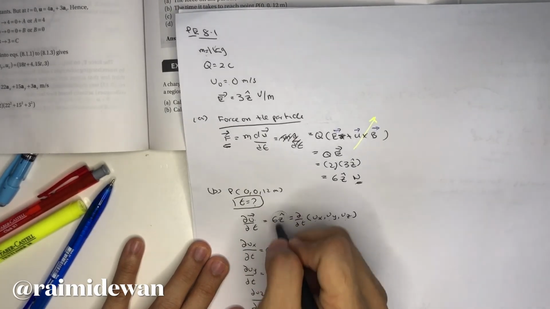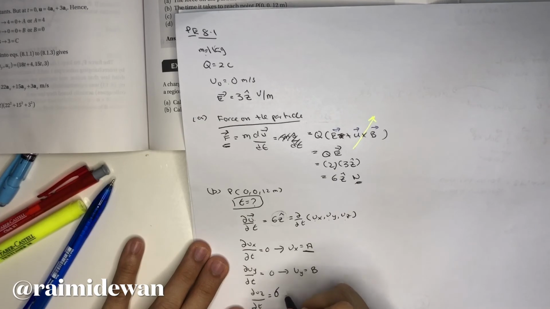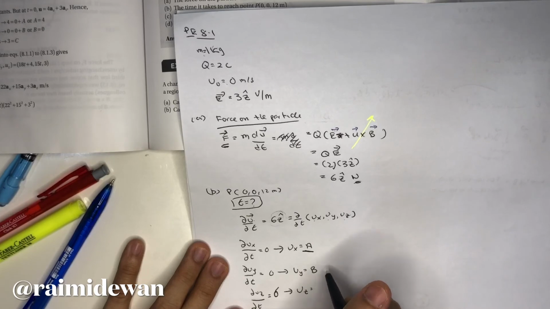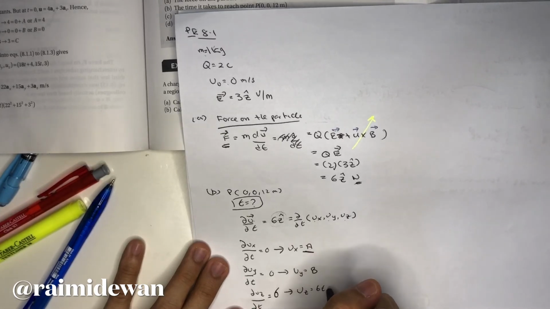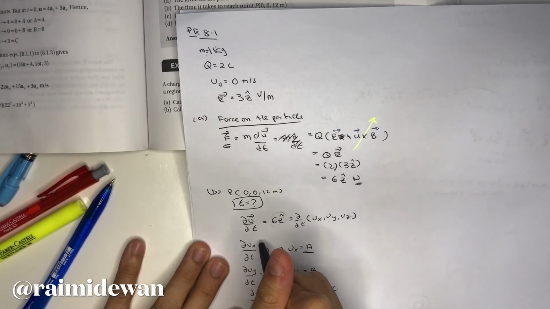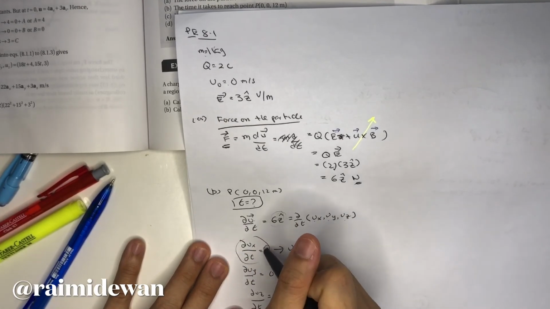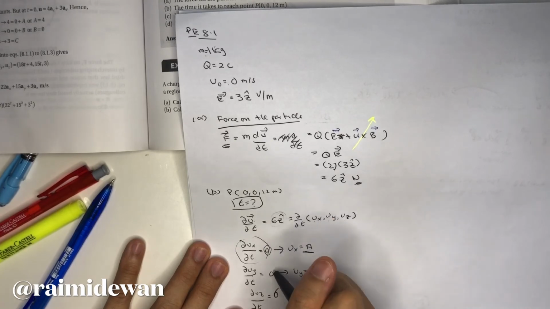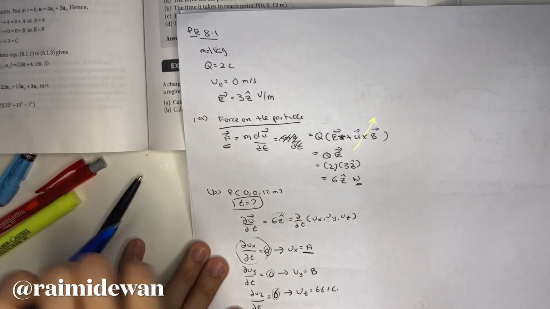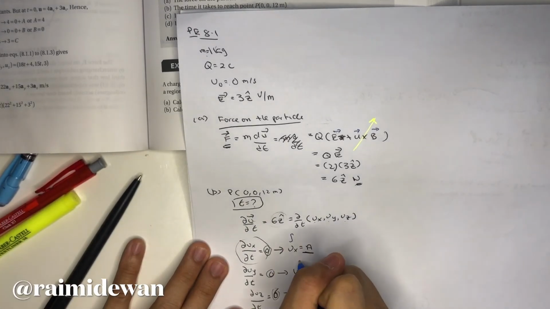So you have 6, so you have u in terms of z, 6t plus c. So this is actually the result of the integration.